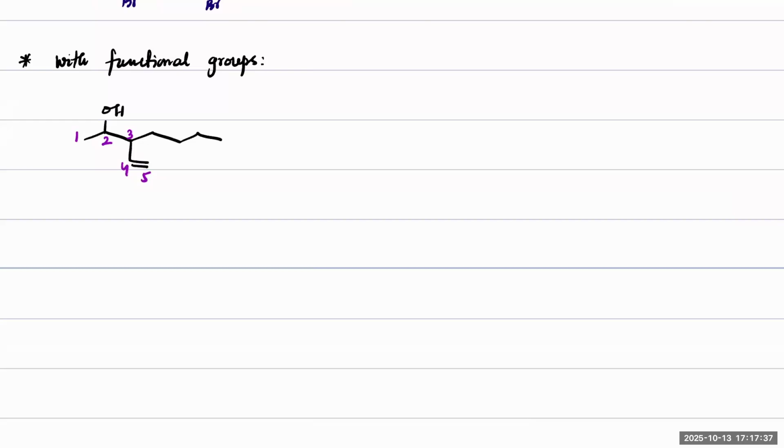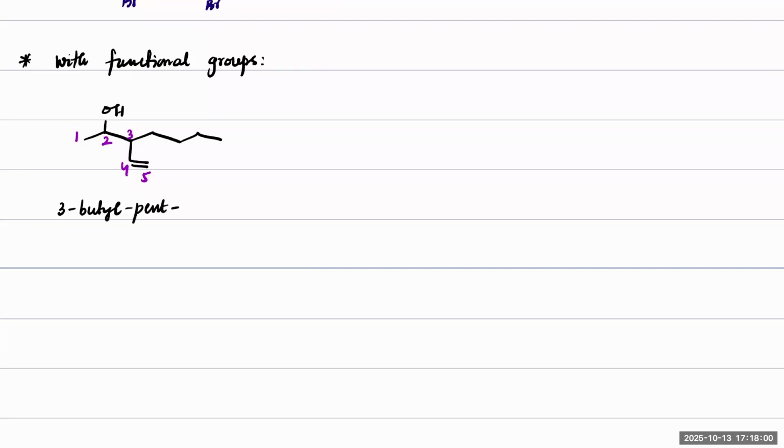Clear, beta? Now from here onwards, we'll start writing the name also, because the functional group has come into the picture. So how do we write? On the third position, I have a butyl, correct? And this is a 5 carbon chain, so it is pent, correct?